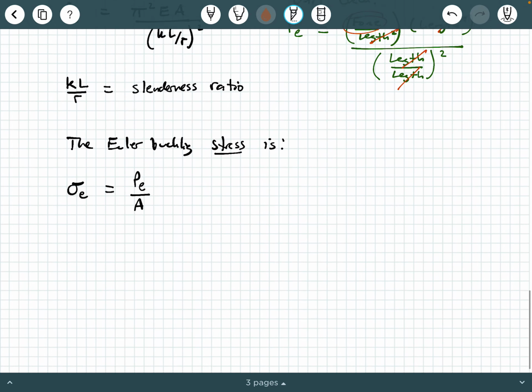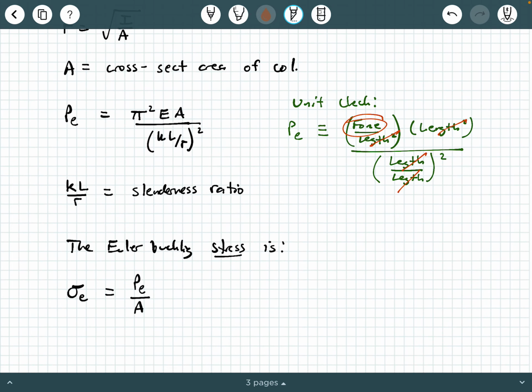One other comment I like to make, because this could show up on a quiz or an exam, is it's a great stylistic question to make sure you understand what's happening. Here's a question for you. If we were to double the length of a column, how much will the Euler buckling force increase or decrease?